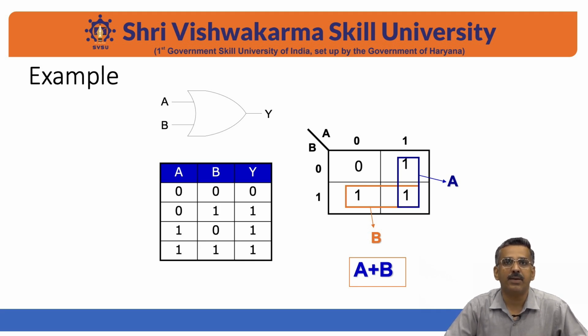In the third case, when A is equal to 1 and B is equal to 0, we place the 1 at this cell, and when both are equal to 1, we place the 1 at this cell. Now the Karnaugh map table will look like this, in which we have placed 0 and 1s at their cell locations.